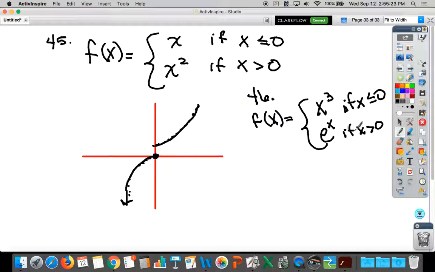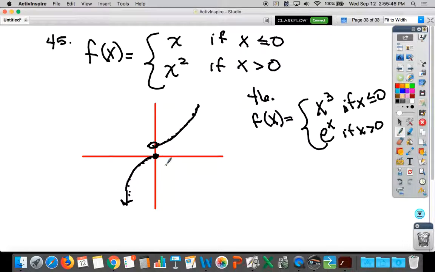An open circle, because does it include? No, and in fact, if you had a dot here, that would fail the vertical line test at that point. And these have to pass the vertical line test. Yes, because they are piecewise functions.